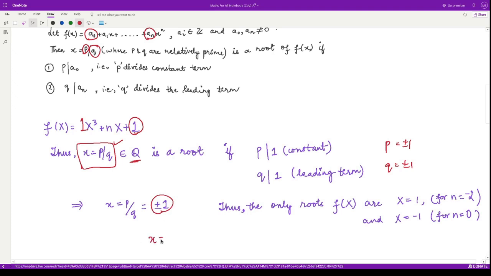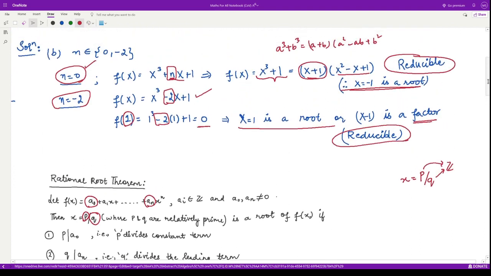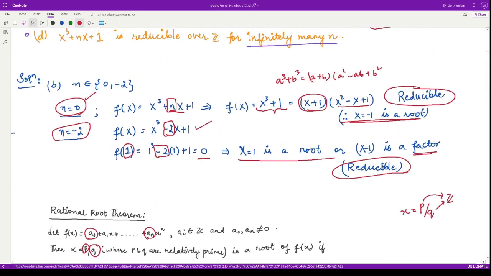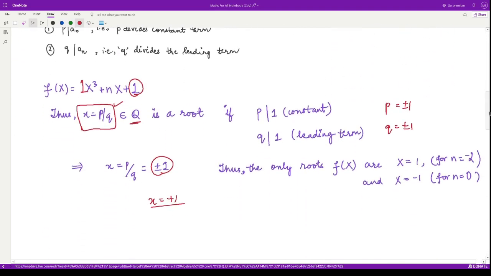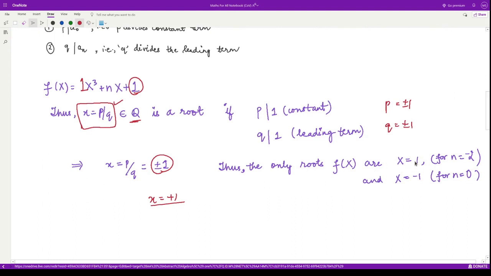When x is equal to plus 1, we just saw that the value of n is minus 2. And when x is equal to minus 1, the value of n is equal to 0. Therefore, the only possible rational roots are x is equal to 1 and x is equal to minus 1. And for these, we have the values of n as minus 2 and 0.